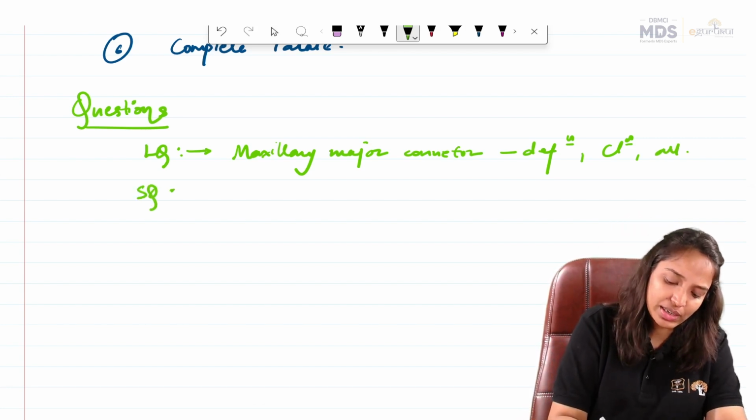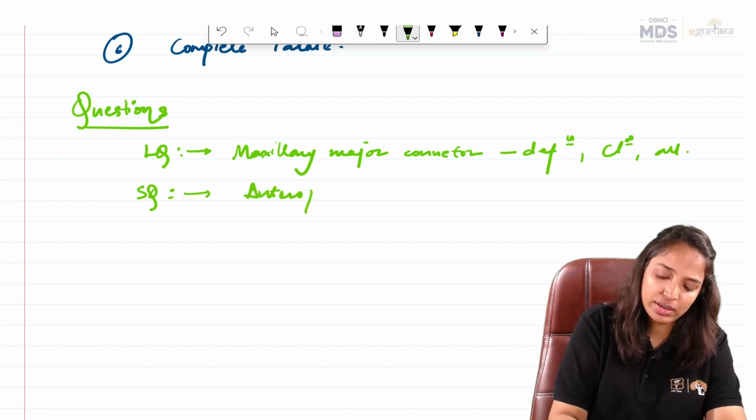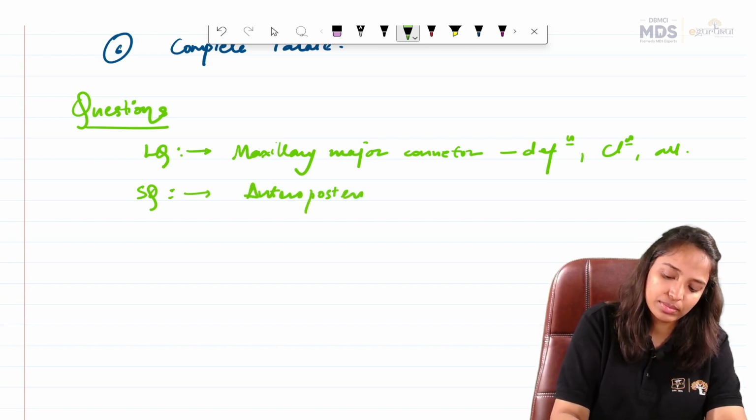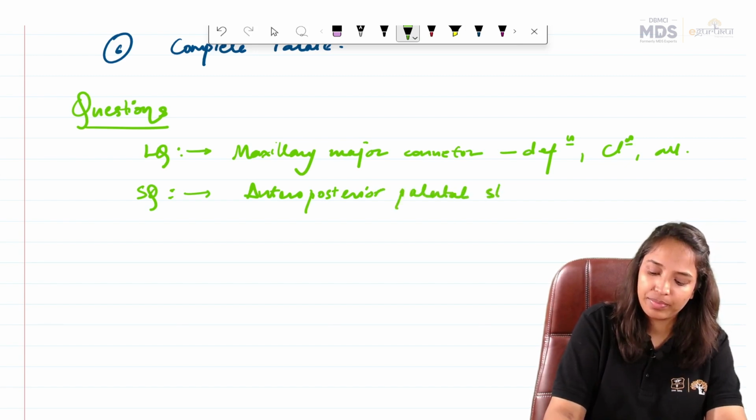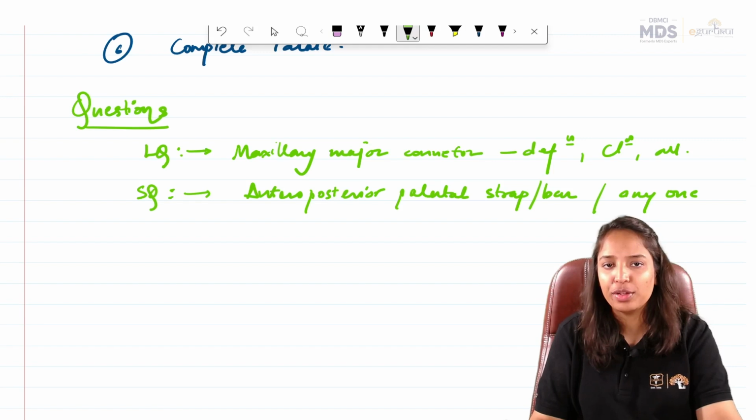A short question that can arise out of it could be, say, antero-posterior palatal bar or strap, or any one major connector. That could be your short question.